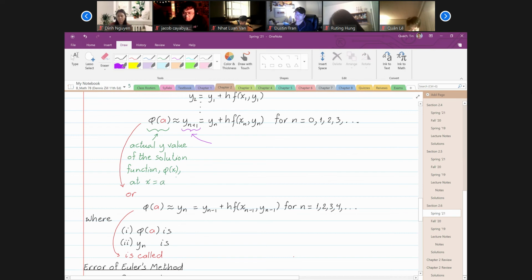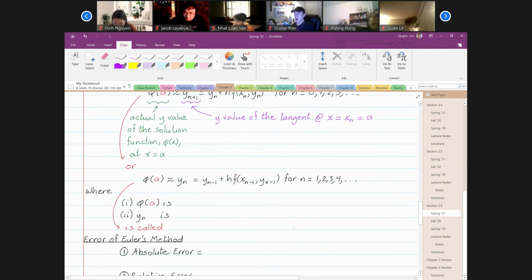That's what it is. And the one on the right is the y value of the tangent line, or the tangent, at x equals a, or at x equals x sub n, which is a.